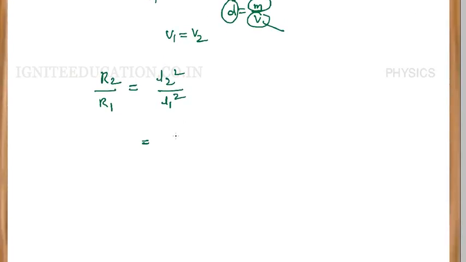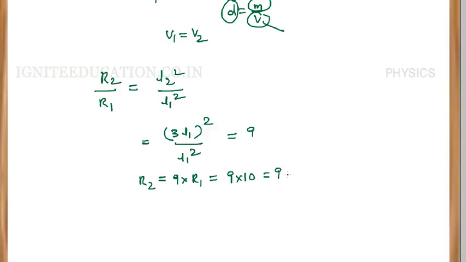That is equal to, what is L2? It is 3L1 whole square by L1 square. That is equal to, finally we will get 9. Then R2 is equal to 9 into R1, where R1 is equal to 10 ohms. So 9 into 10 ohms gives 90 ohms.